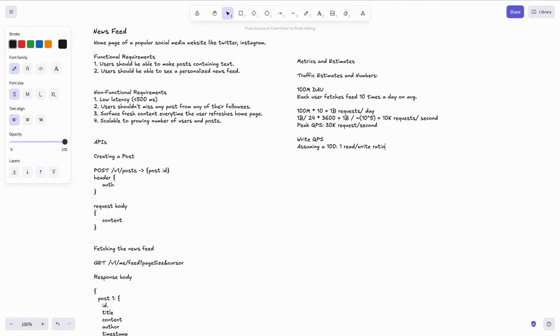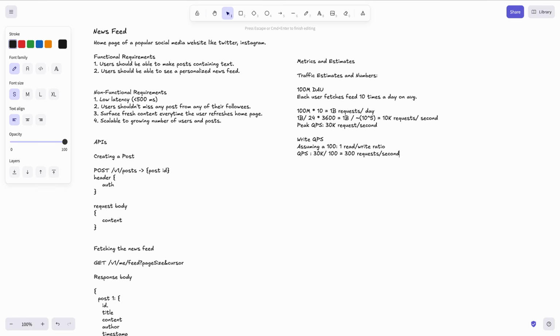With this, our write QPS would be 30k divided by 100, which is 300 requests per second. And this is a much smaller number.